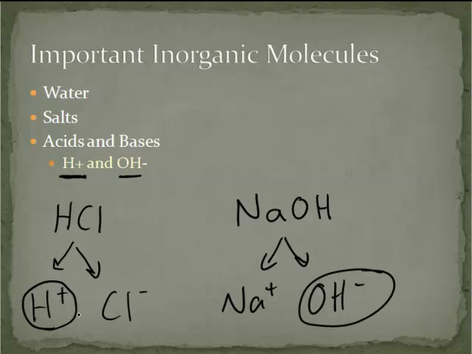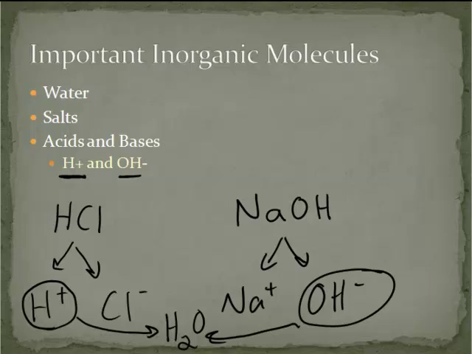If you were to take the H positive from an acid and the OH negative from a base and put them together, what you get is H2O. And so what this means, if you think about H2O, it's neutral. Water is neutral. It's not acidic or basic. And so if you take an acid and you put it together with a base, you're going to form water, and that's just going to be neutral.